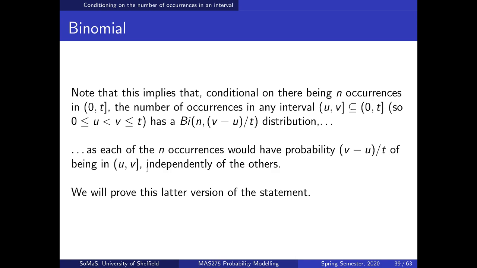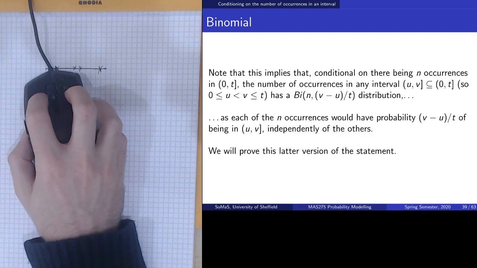We're conditioning on having n occurrences in my interval [0,t]. And then the number of occurrences which occur in a smaller interval [u,v] should have a binomial distribution. The parameters should be n tries, and the probability of any try being successful is (v minus u) over t.